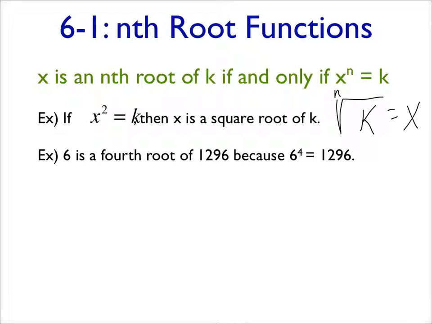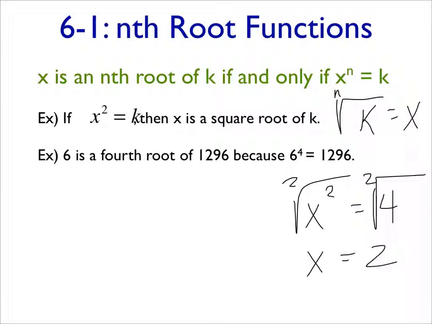Well, absolutely. For example, if I have x squared equals 4, then obviously x is 2 or negative 2. We'll get into that in a second. I can square root both sides and say x equals 2. So going back the other way, we could say 2 squared equals 4. That's the idea here between root functions.